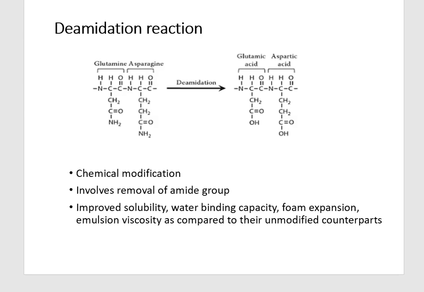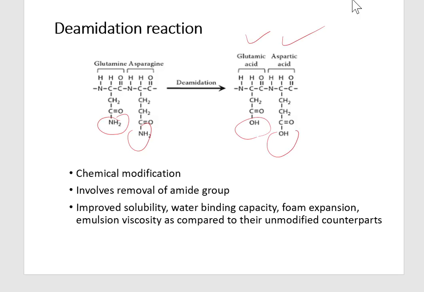Deamidation reaction. It's a chemical modification. Amino acids are chemically modified to change the functional or nutritional properties. So this reaction involves the removal of amide groups. So we have glutamine and asparagine with amide groups here. With the removal of the amide groups, they are converted to glutamic acid and aspartic acid.